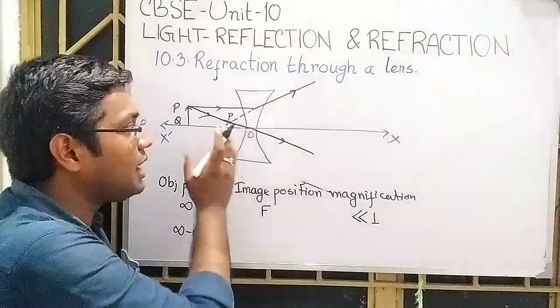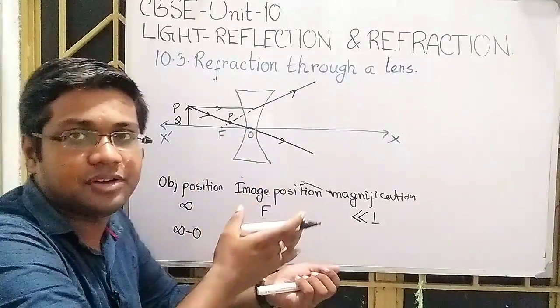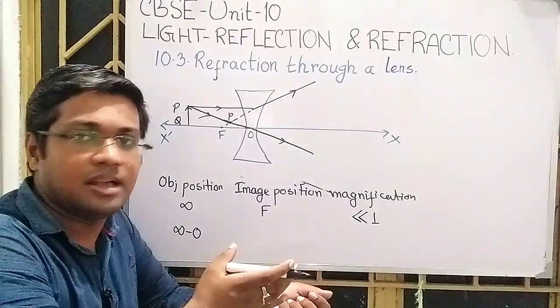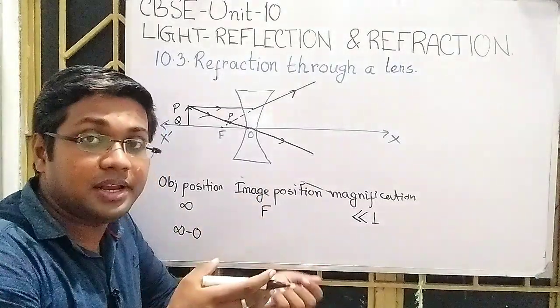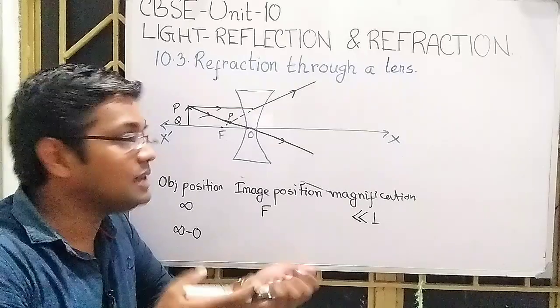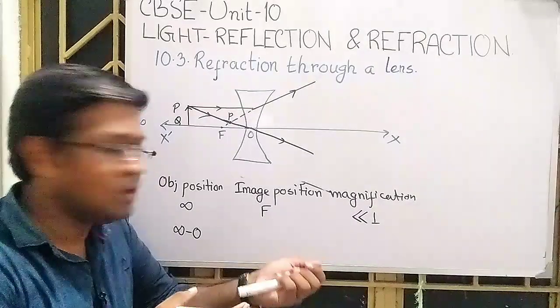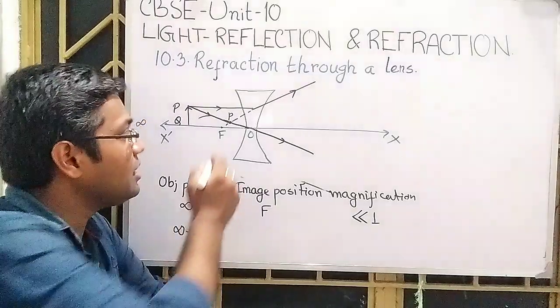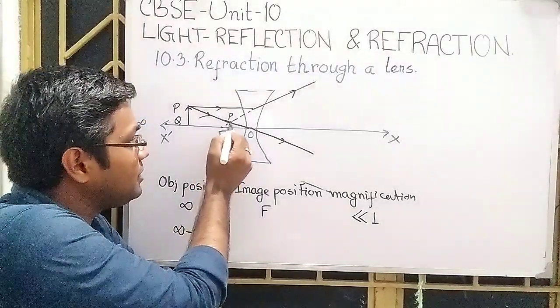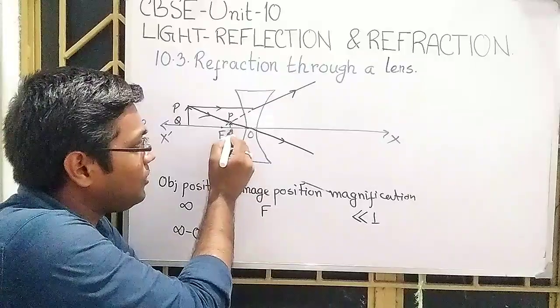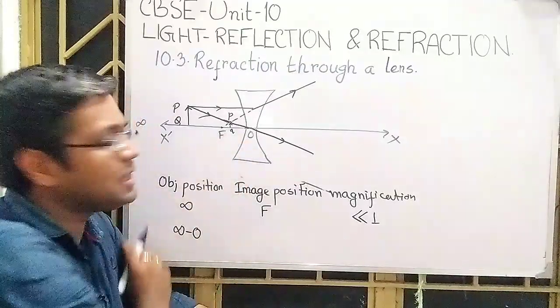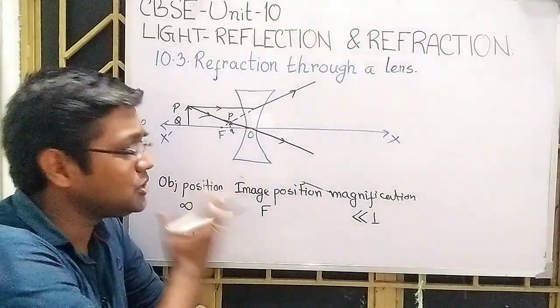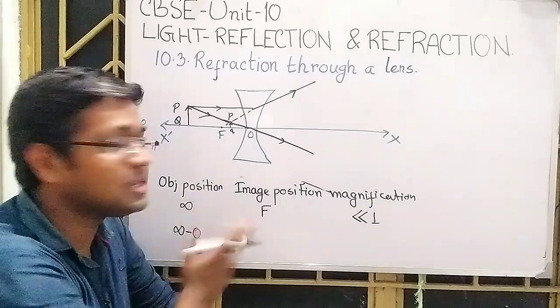Since the rays are not actually meeting after refraction in this case, we can say that the small p that is obtained here is a virtual image. And if I draw a perpendicular from here, we get a very small image, small pq, just like before, following the same procedure.